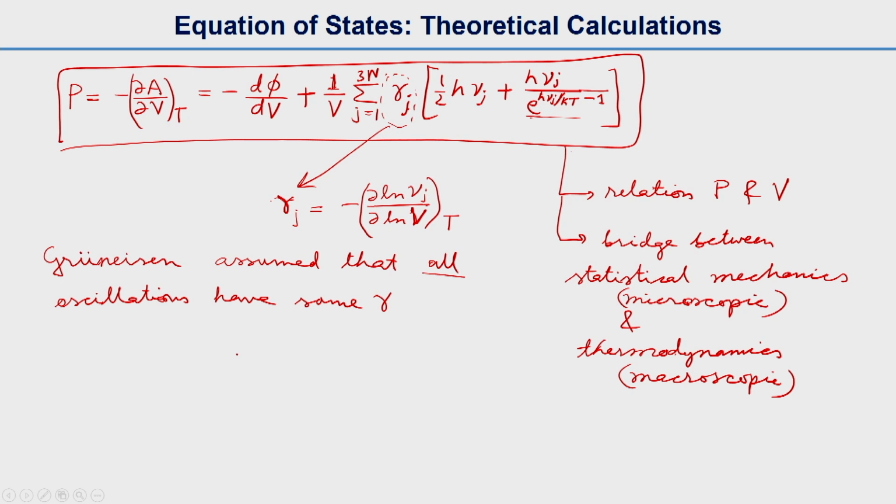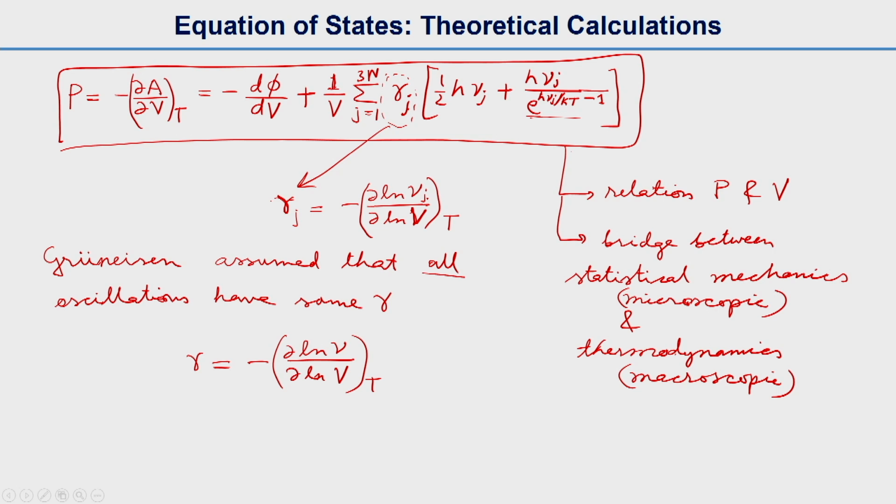So gamma is equal to minus d ln nu over d ln V. We do not have a gamma_j here, or that nu subscript j.